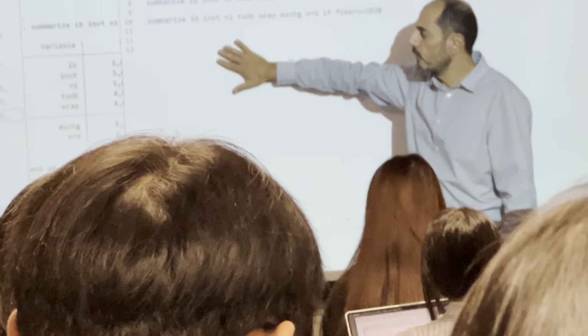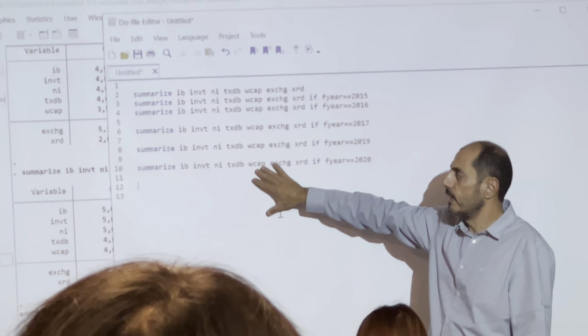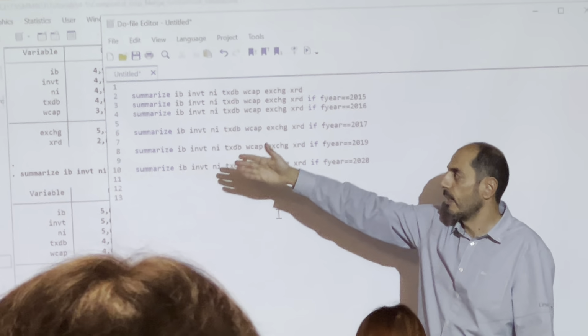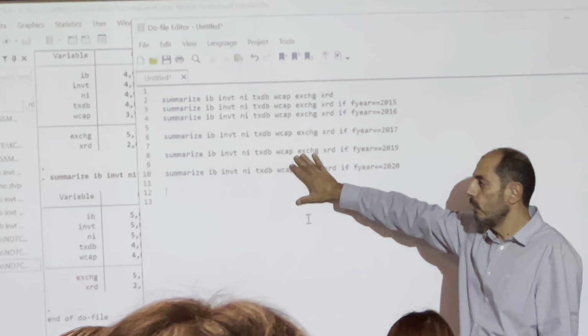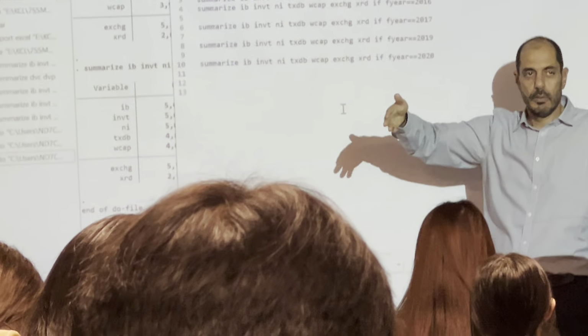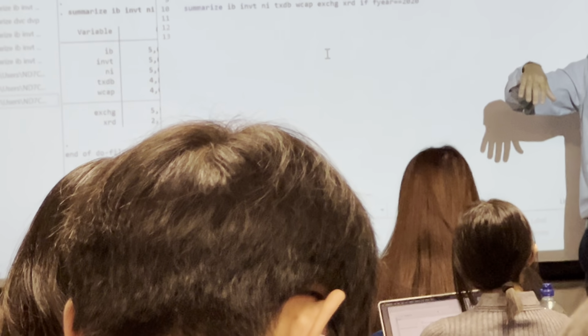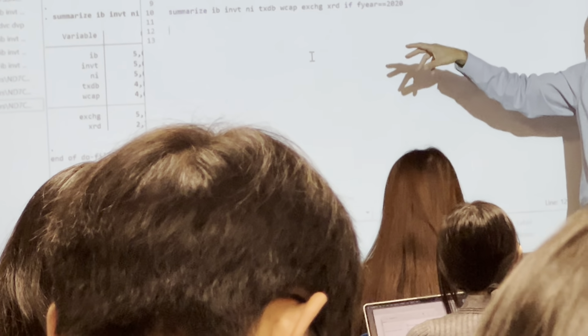And because this is not linked, it's not related to the data set, you can use the do file in another data set. If, for example, you have a new data set for a different country with the same variables, you can open the data set and you run your do file. Whatever you did for the other country, you do for this country.